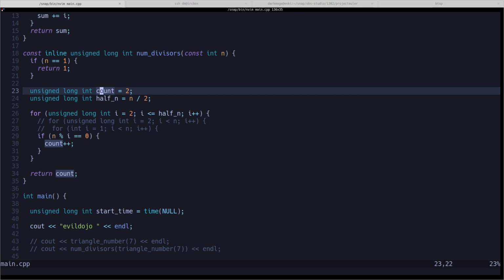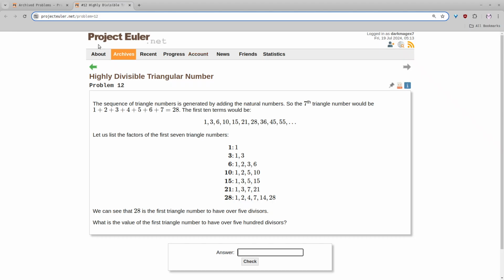Is there any way to use recursion? Oh yeah, so here's something interesting. 21 and 15 both have 3 as a divisor, right?